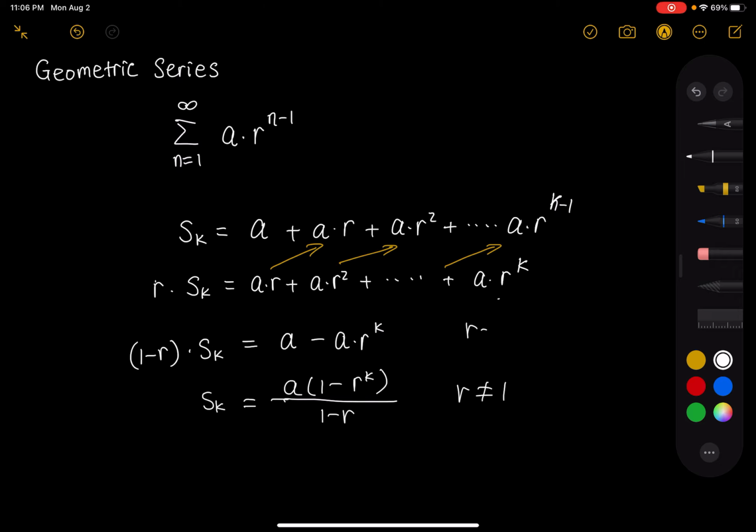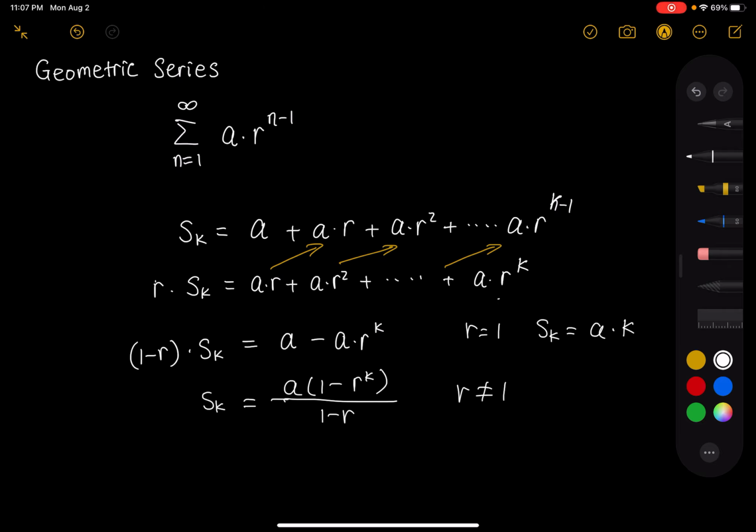But if r equals 1, you just get S of k equals a added k times, so S of k equals a times k. As long as a is greater than 0, as k goes to infinity, that is already divergent.